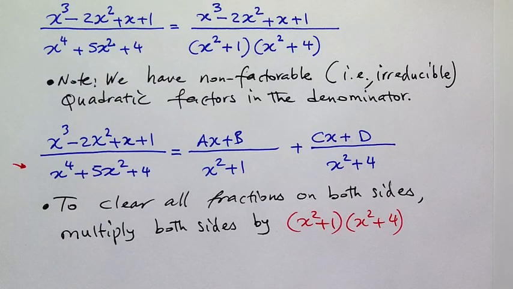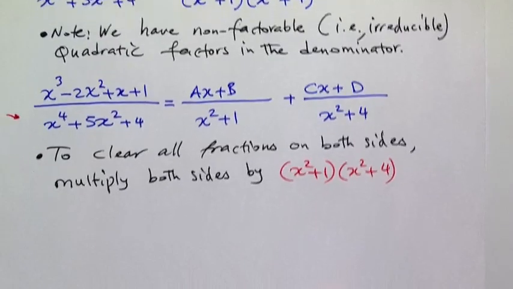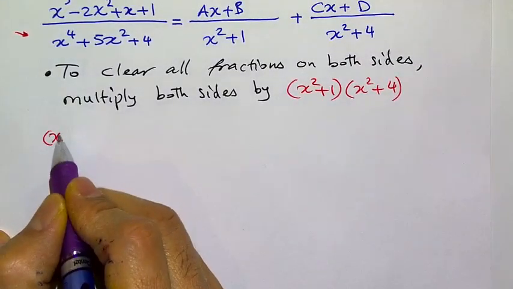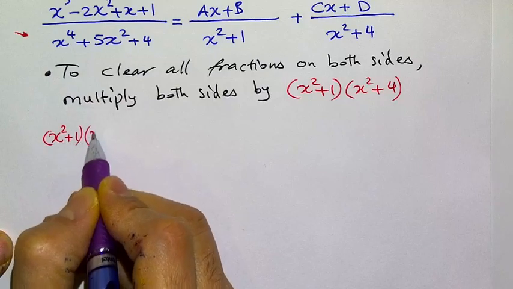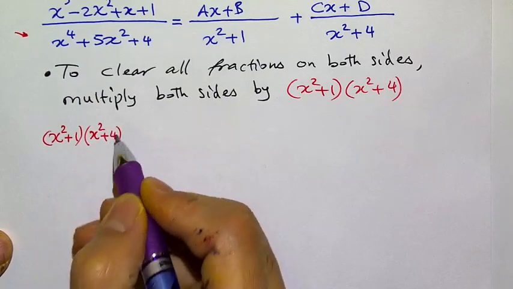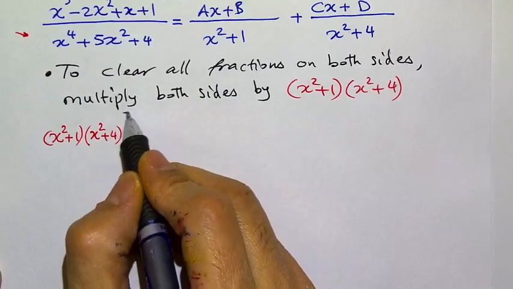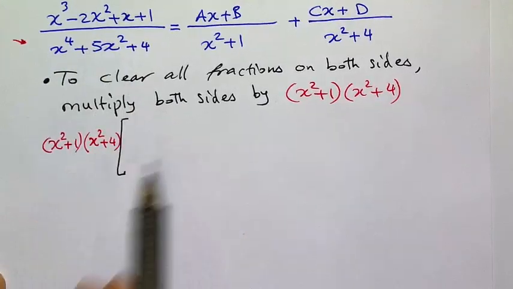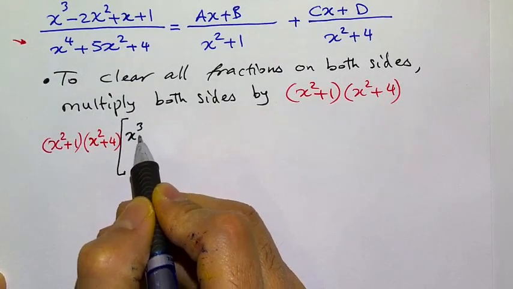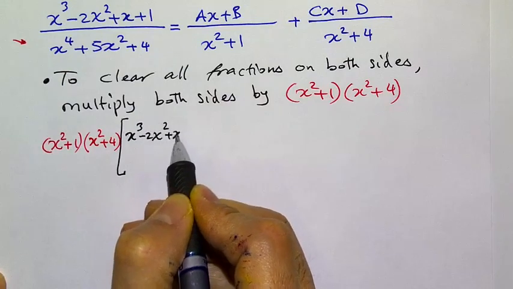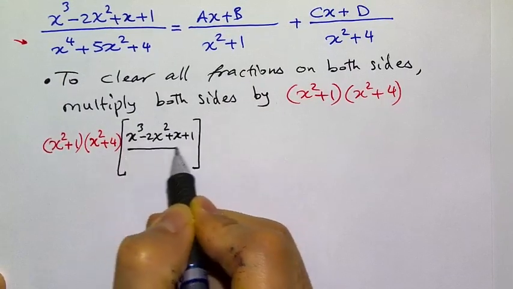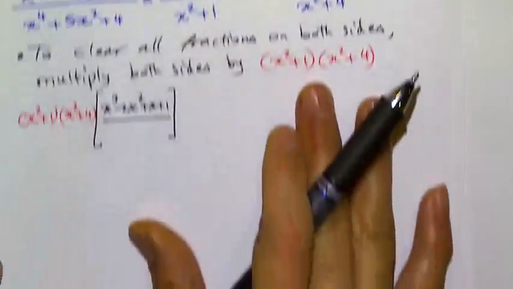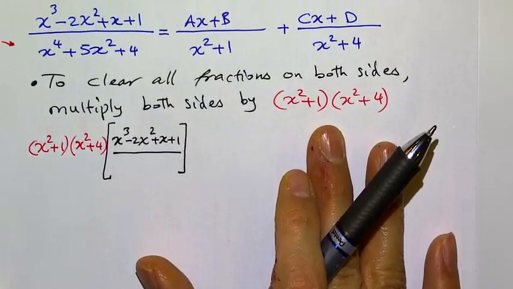So let me set it up. So like that. X squared plus 1 times x squared plus 4 multiplied by the left side, right? Now I'm not going to make the same mistake here. I'm going to rewrite this with factored form. So x cubed minus 2x squared plus x plus 1 divided by the factored form, this form. Okay? So I'm going to write it like that.